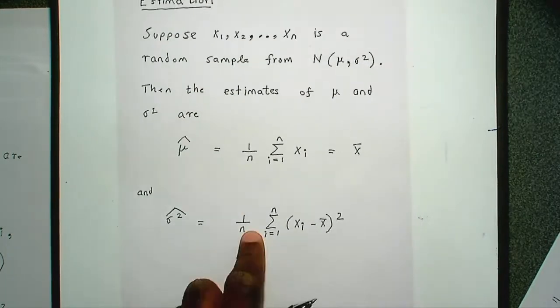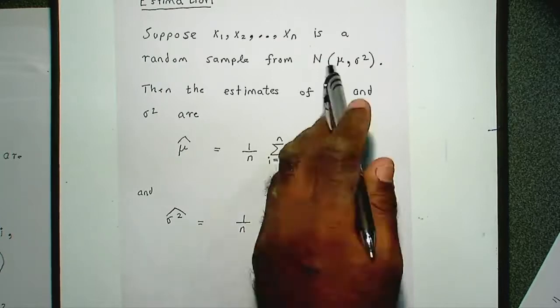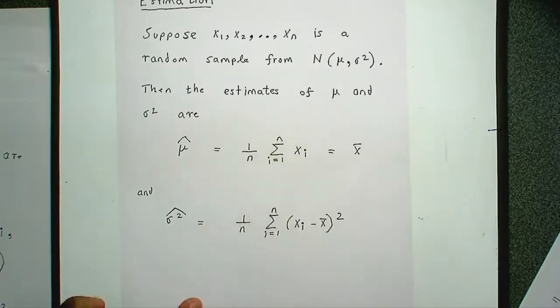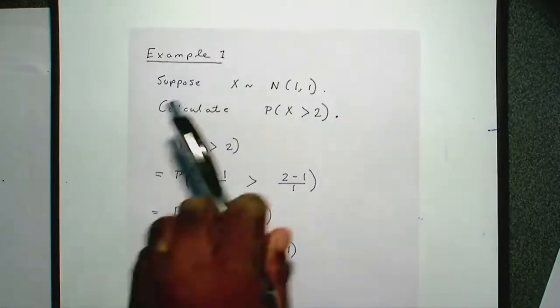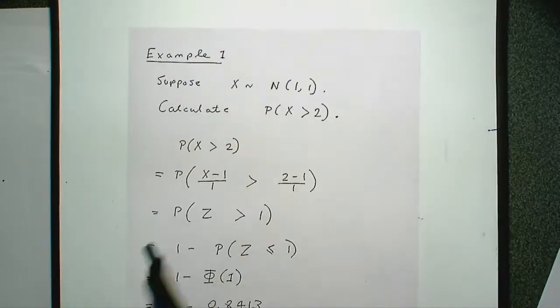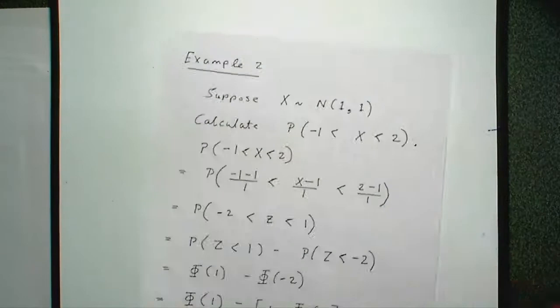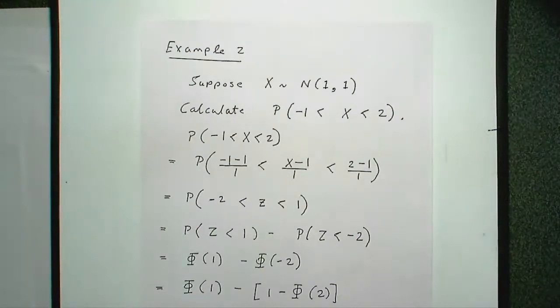These two formulas give a way of estimating the parameters mu and sigma squared. Then I did one example on calculating probabilities, and this is the second example I did on calculating probabilities. It's just a reminder of the stuff I did.